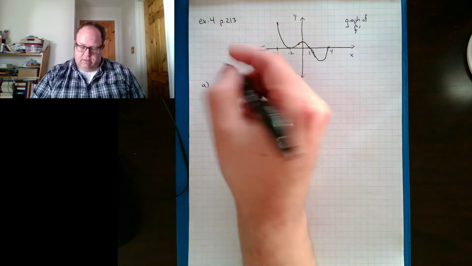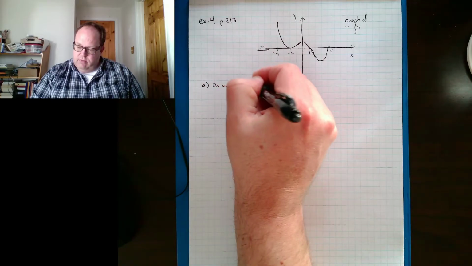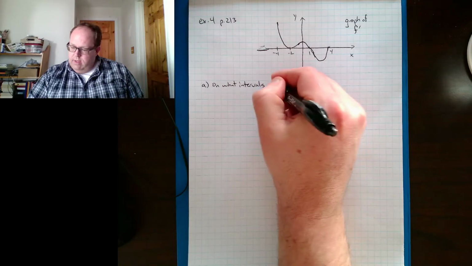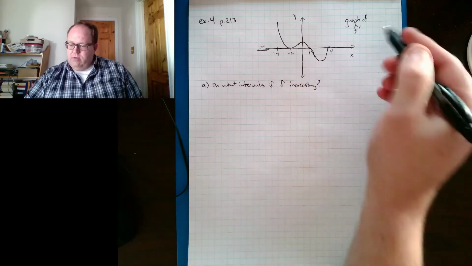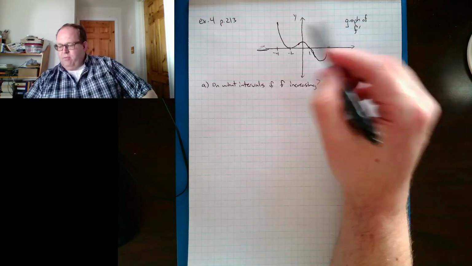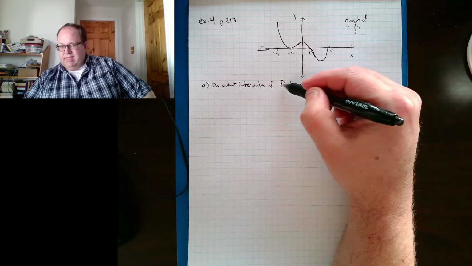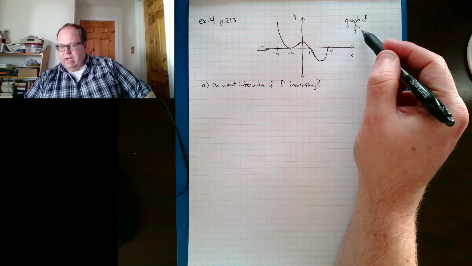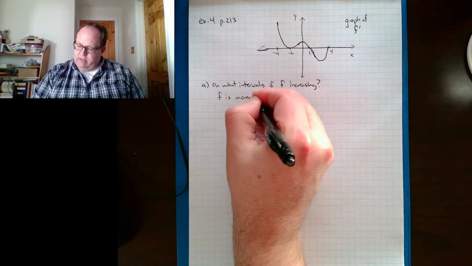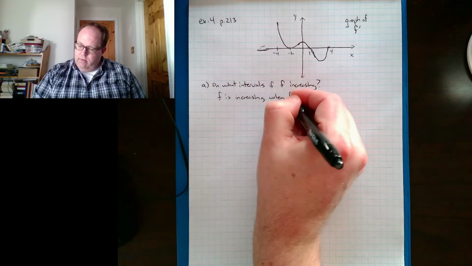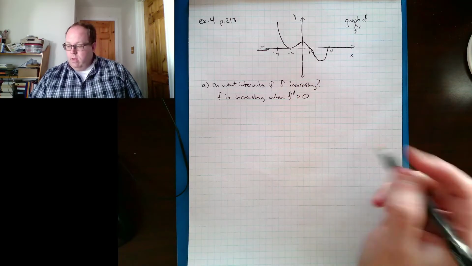First thing I'm asked is, on what intervals is f increasing? And people do need to be careful about the notation. This is a graph of f prime. So this is a graph of the derivative of f. So when is f increasing? F's increasing when f prime is positive, or when my slope is positive. So when does that happen?